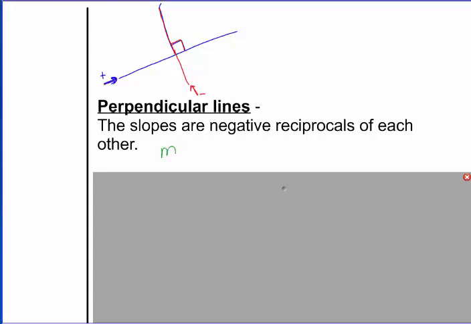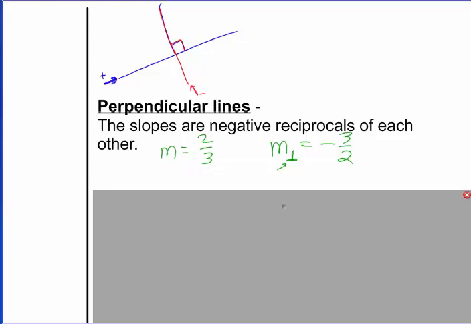So if I have a slope of 2/3, then my perpendicular slope, and this is the symbol that we use for perpendicular, an upside down capital T looking thing, kind of looks like the two lines I just drew above. So this means perpendicular. So the perpendicular slope would be the opposite and the reciprocal. So you change the sign and you flip it.